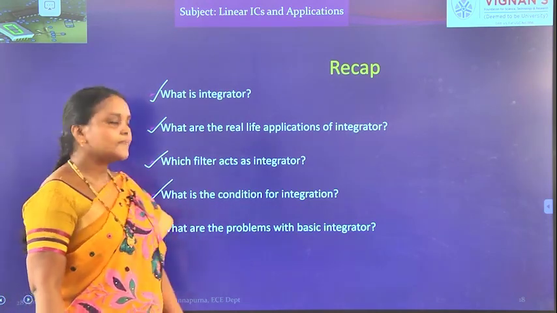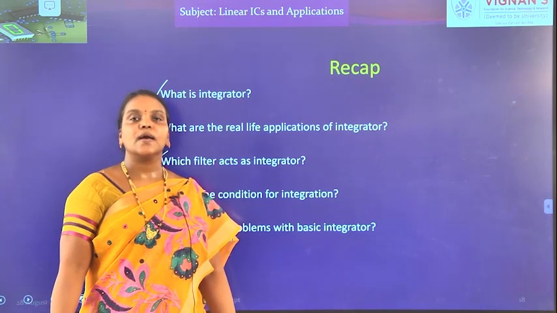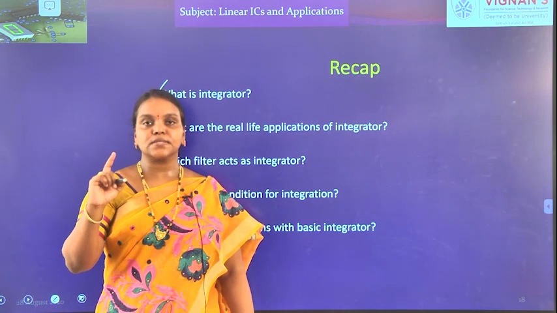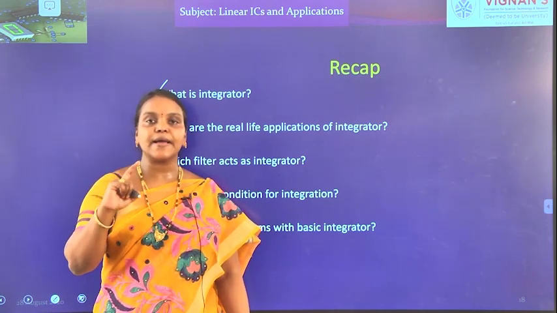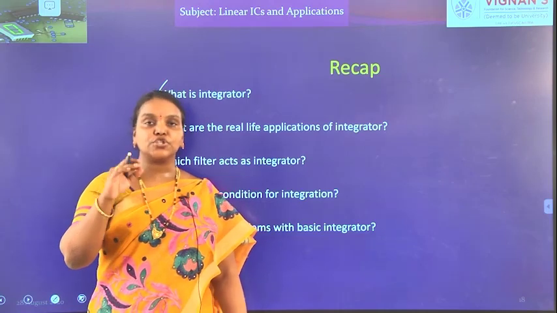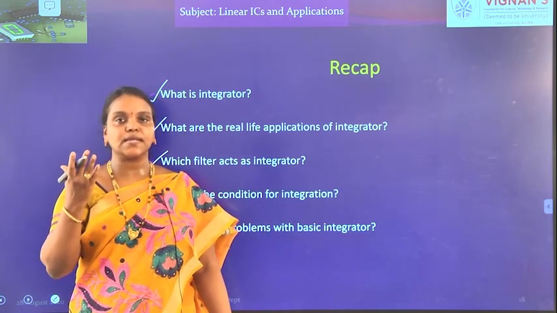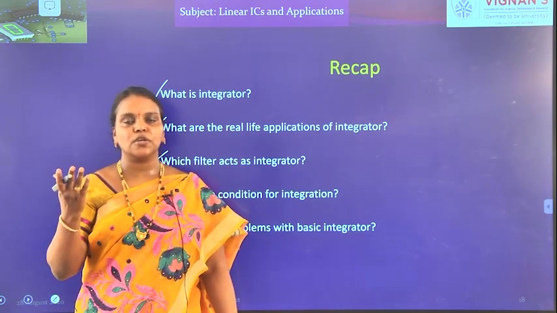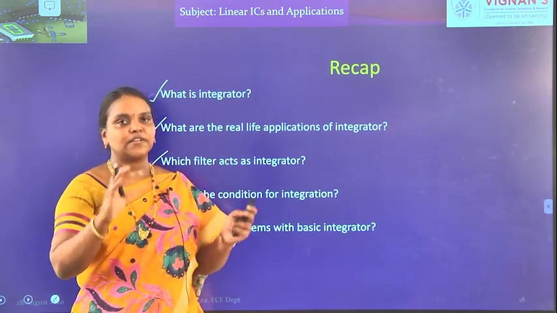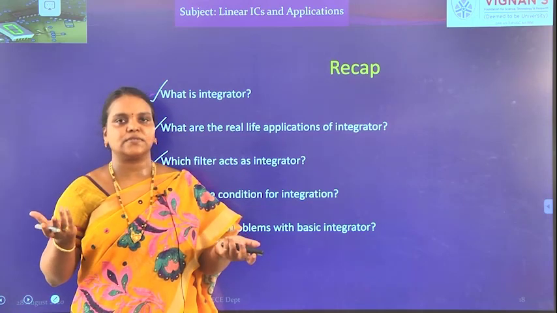What are the problems with the basic integrator circuit? Okay, there are two problems. Both are due to the presence of the capacitor in the feedback path alone. The first problem is that at 0 frequency the capacitor behaves as an open circuit and there is no action of that filter because the capacitor is absent.